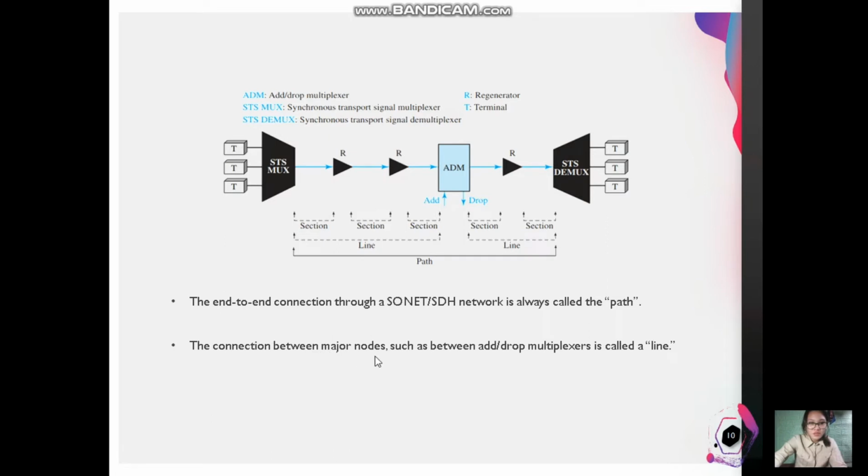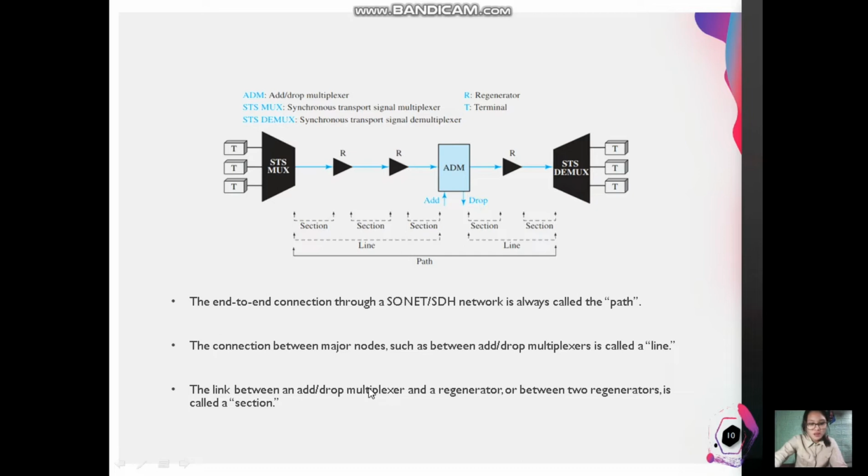Next, the connection between major nodes, such as between add-drop multiplexers, is called the line. So it is the portion of the network between two add-drop multiplexers or two STS multiplexers. Next, the link between an add-drop multiplexer and a regenerator, or between two regenerators, is called a section.